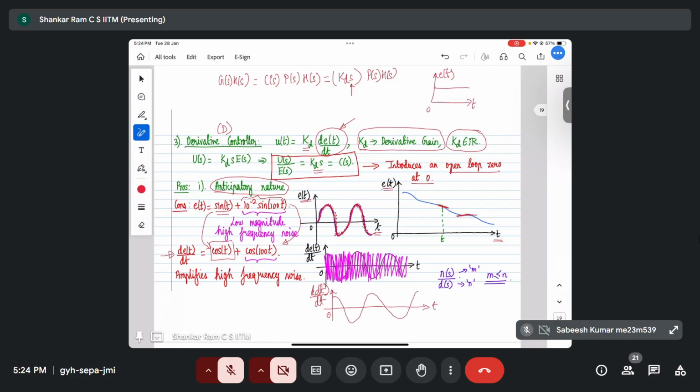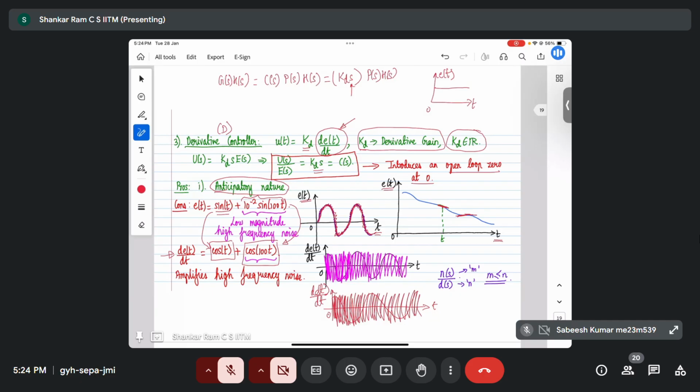However, what has happened? Because of derivative action, we are having cos 100t acting on it. So cos 100t also will go between -1 and +1. But what can we say about the frequency of cos 100t? It will be 100 times faster than cos t, right? So we will be getting something like this, right? So it will completely mask the original signal. And this is also a problem.